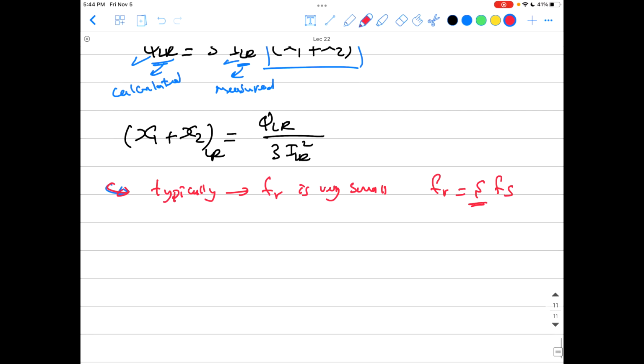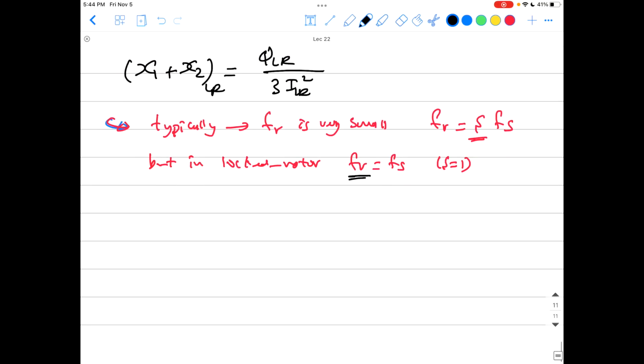But in the locked rotor condition we are making here, FR will equal Fs. Why? Because the slip equals 1. So it is not the actual condition for FR. Now FR is very, very much higher than it should be, actually.